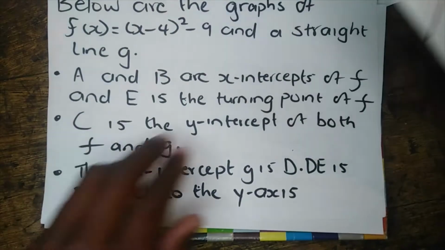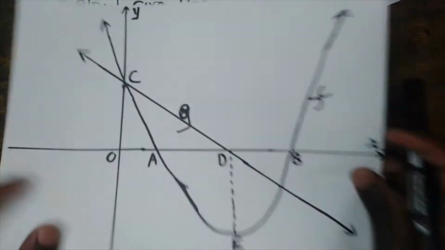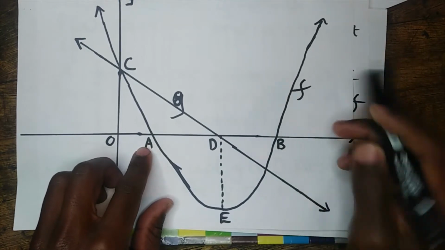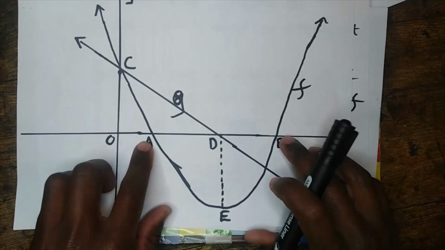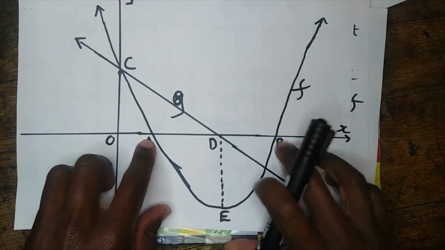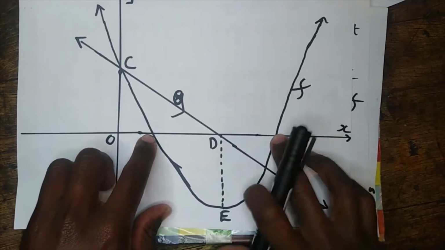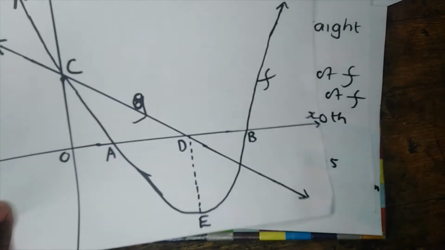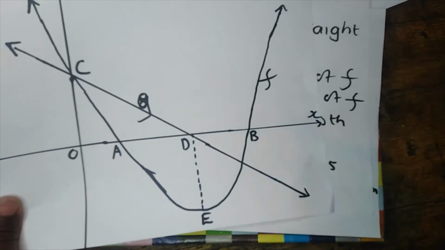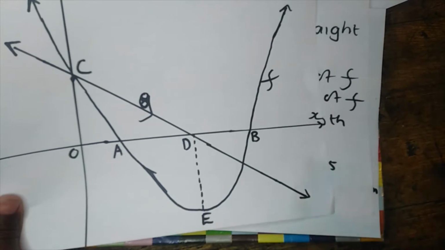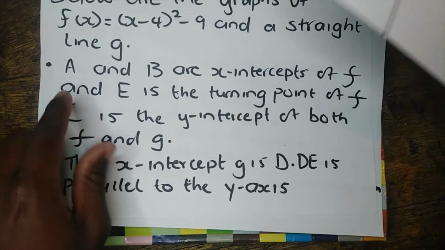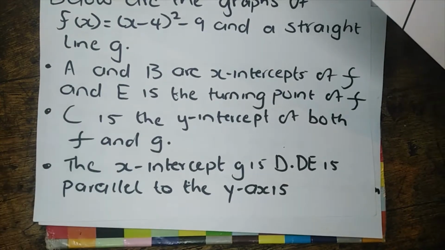A and B are the x-intercepts of f. So here at A and B, y is 0. Whenever they say x-intercept, it is where y is 0, so y along the x-axis is 0. Okay, and the statement continues.